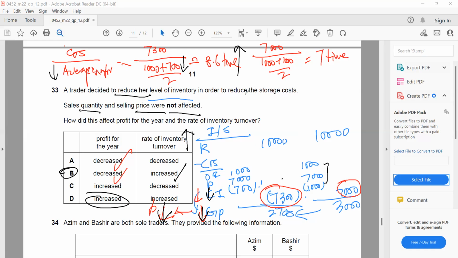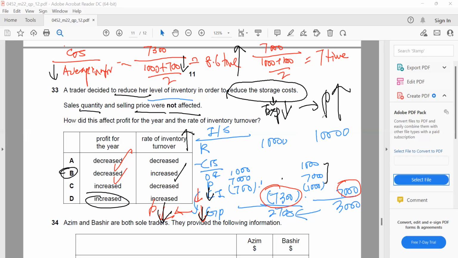Okay, is it because of the reduced storage cost? What I can guess is because of this sentence. When we reduce the cost, expenses reduce, profit will increase.